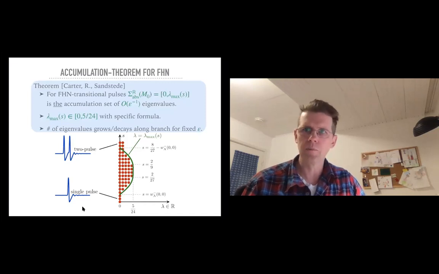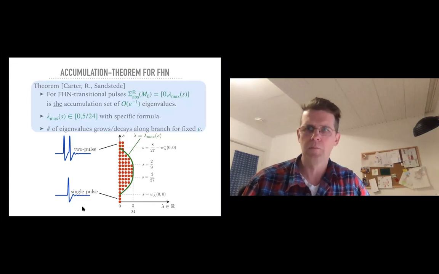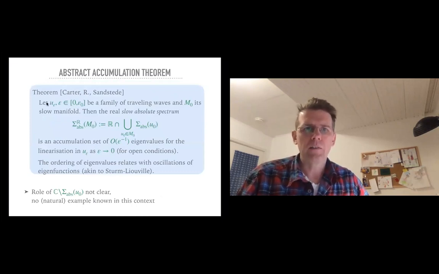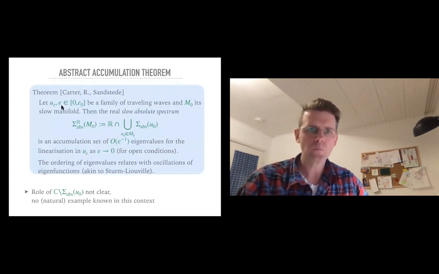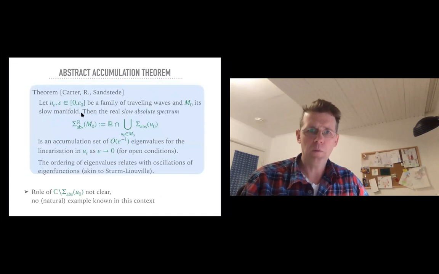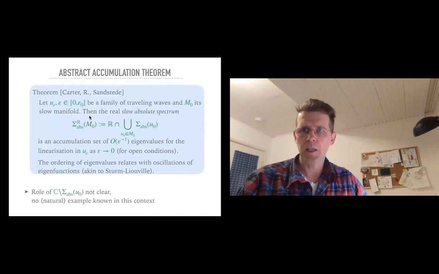And the abstract theorem behind it, which maybe is the more interesting aspect of all of this, is this one here, which says that if we take an abstract traveling wave family, parameterized by the small parameter epsilon, and epsilon lies in some interval, and M0 is the slow manifold associated with this family, then we can identify accumulation points of spectra of the linearization in these traveling waves as follows.